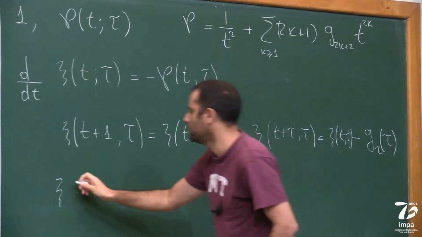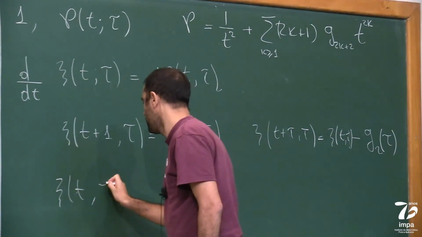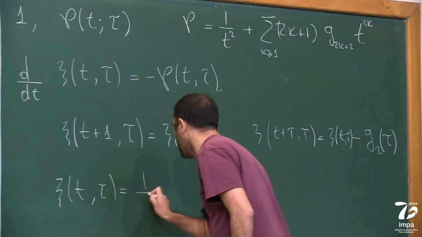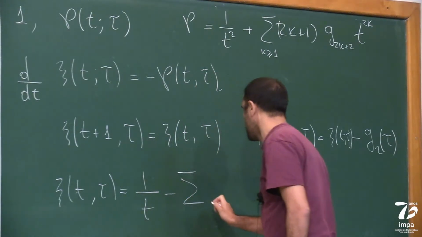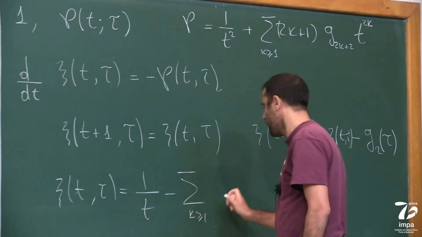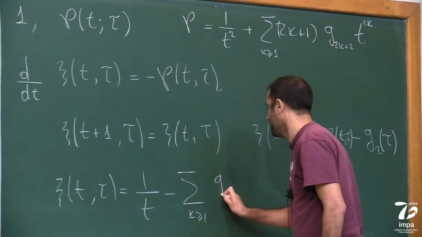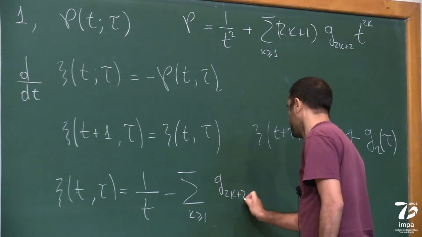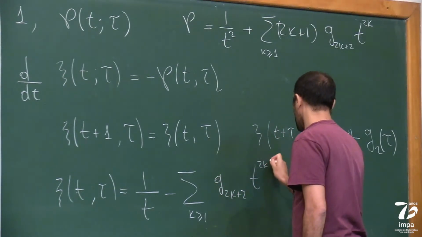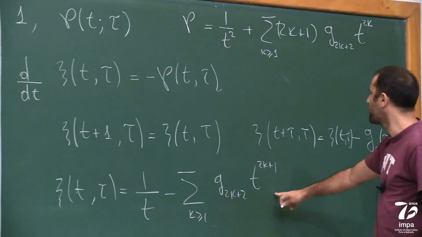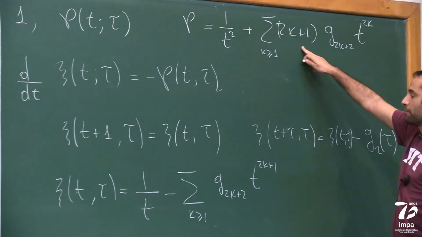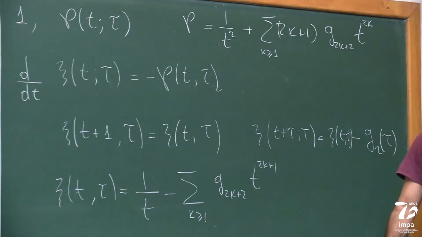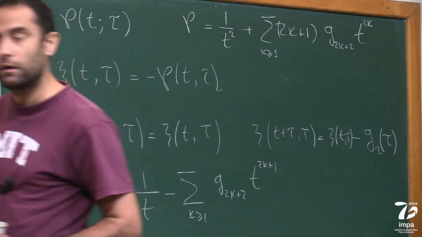And this zeta of t, tau is going to be 1 over t minus the sum, k bigger or equal than 1, of G 2k plus 2, t to the 2k plus 1. So that the derivative of this guy gives me that number, that thing there.